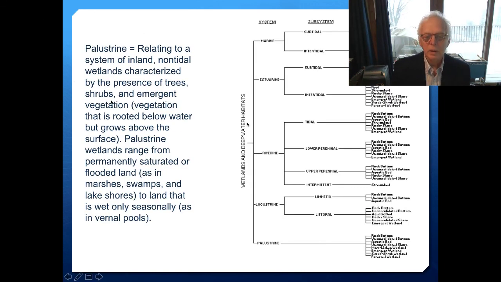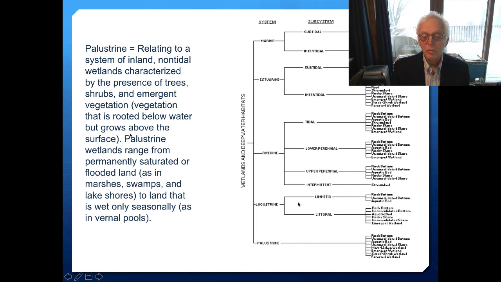Here's a great big difficult, and I'm sure impossible to read in this video, classification, but just showing how these different habitats have systems, subsystems, and classes, and I'll choose just a couple of them. Here's lacustrine, which I like best because I really like lakes.